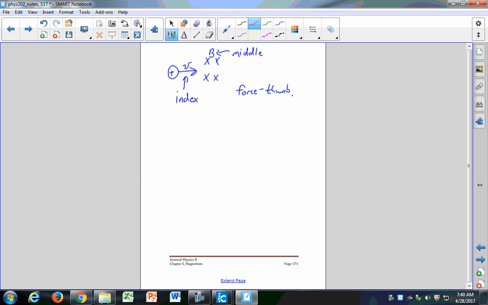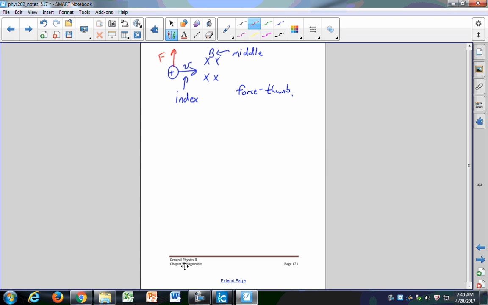So the force here is up. B is to the right. My middle finger could go in any direction, with B being to the right, but it goes into the page because the magnetic field is into the page, and then my force is going to be up. That's important for the mass spectrometer too, okay? So you could see some questions where you have to still apply this.